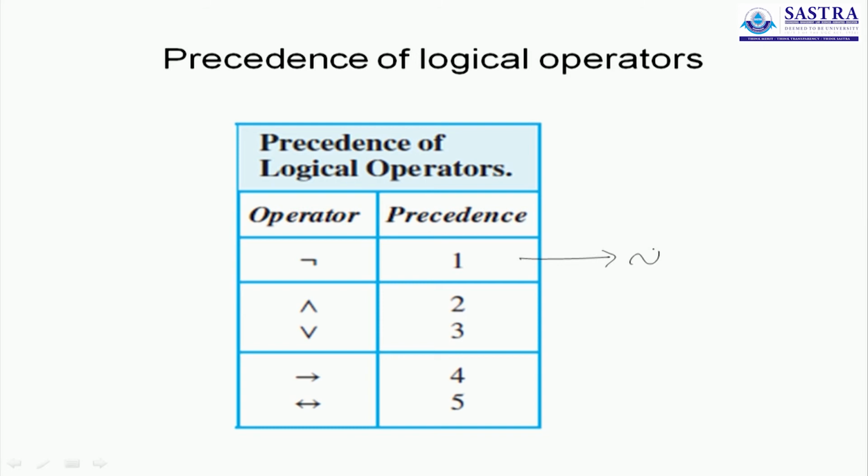Negation gets top priority. It's either the tilde or the inverted L symbol that we use for negating a statement. That is always to be completed first. Number 2 is a conjunction, the connective behind the conjunction. Number 3 is the connective behind the disjunction. Number 4 is a conditional when you have one, and number 5 is a biconditional.